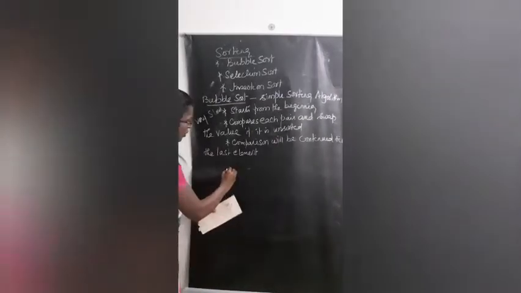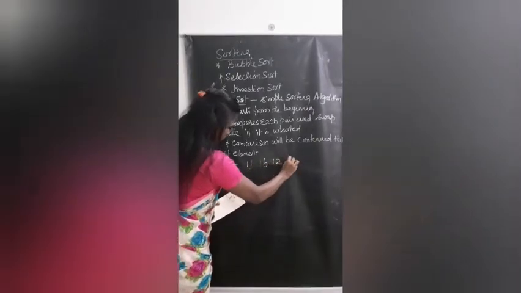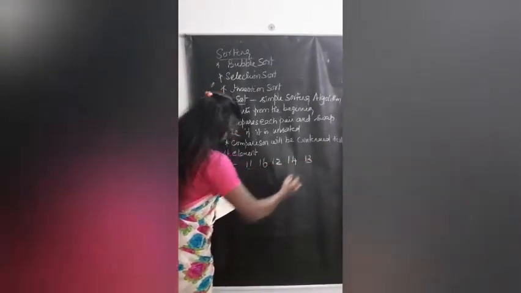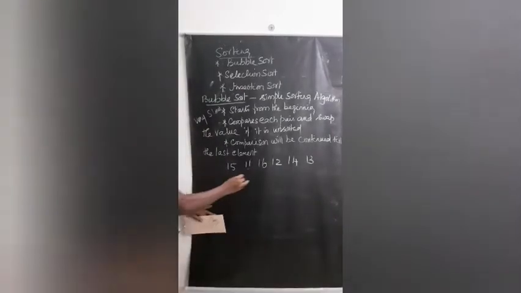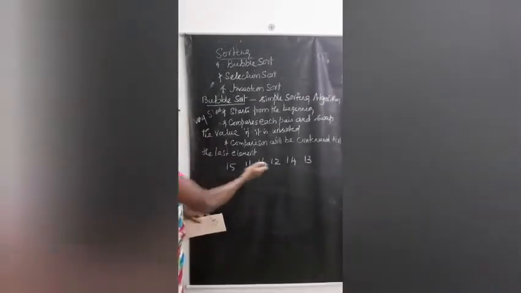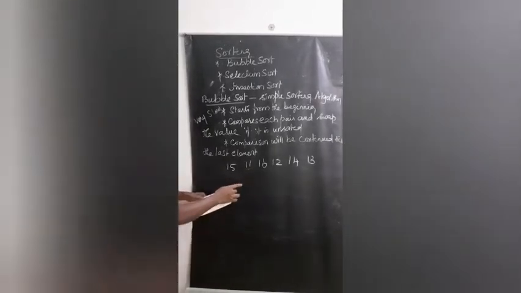So let us take one example: 15, 11, 16, 12, 14 and again 13. We have to sort this array. The elements are unsorted. Now we are going to sort the elements. First thing, it starts from the beginning.